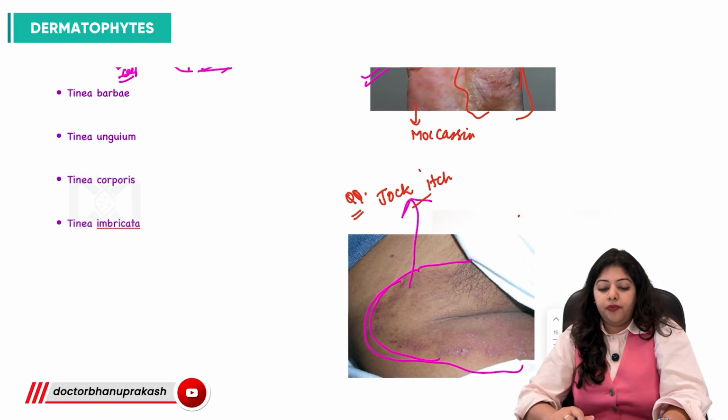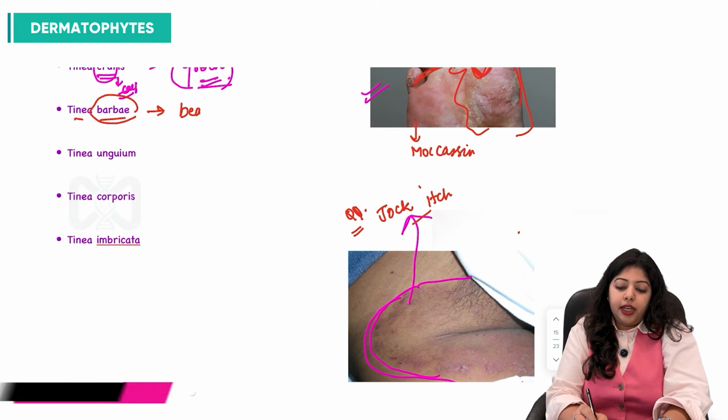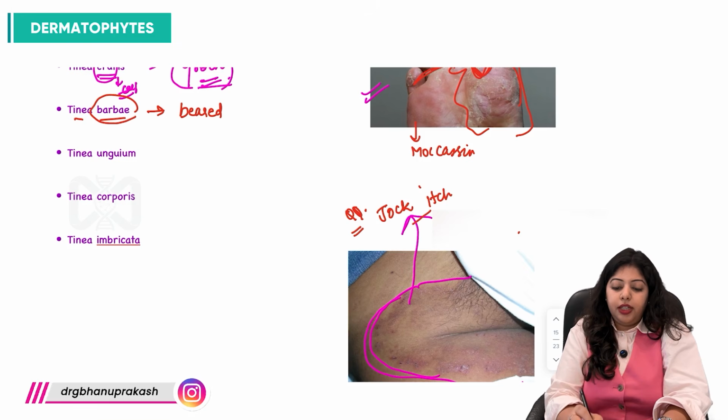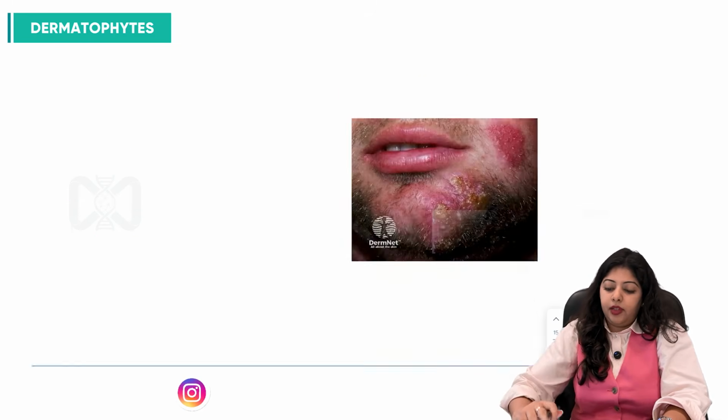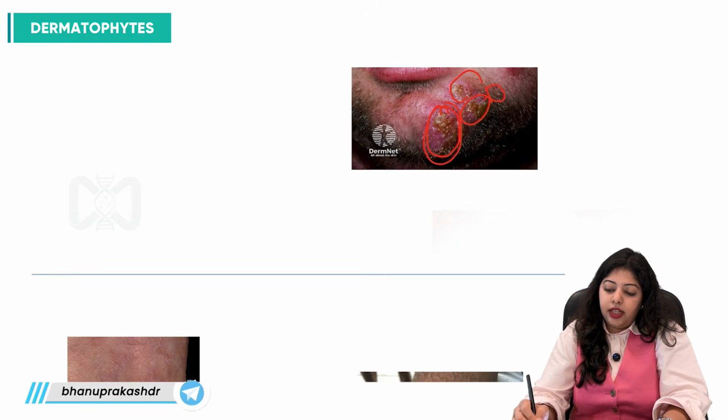Groin area infection caused by these Trichophytons or dermatophytes is known as jock itch. Then Tinea barbae. Barbae stands for bearded area infection. The bearded area is getting affected in males, right? So in this image we can appreciate this inflammatory reaction.